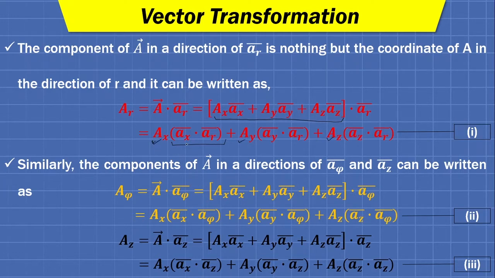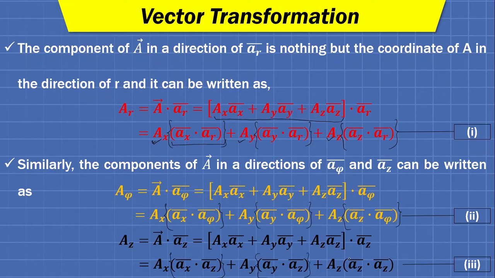We just need to find out the direction, or say the angle between the x and r directions, y and r directions, z and r directions. So we only need to figure out these dot products of base vectors. These 9 dot products should be carried out in order to simplify these 3 equations.